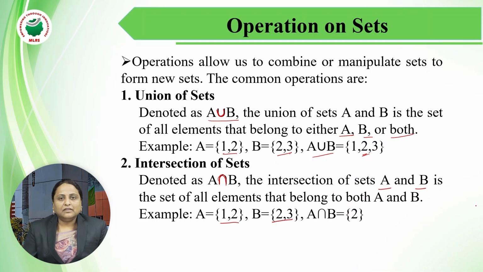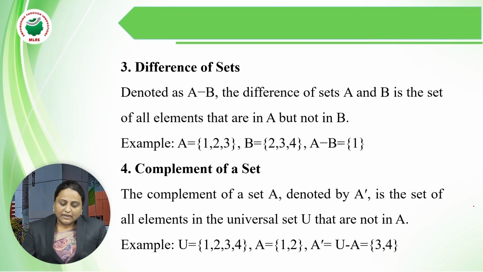We take only the common elements present in both A as well as B. Uncommon elements are not considered here. So 1, 2 and 2, 3, only 2 is the common element. So A intersection B equals 2. Suppose in any case you get A intersection B equal to the null set, that means there is no common element at all between the two sets. So this is about union and intersection.